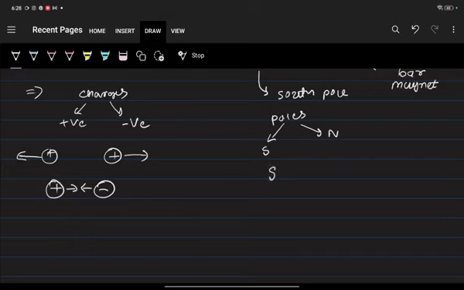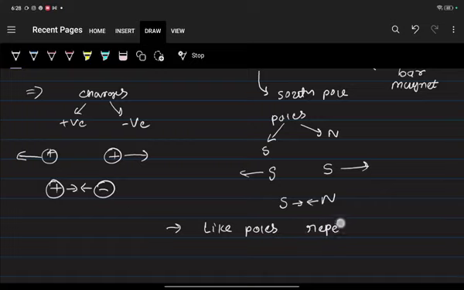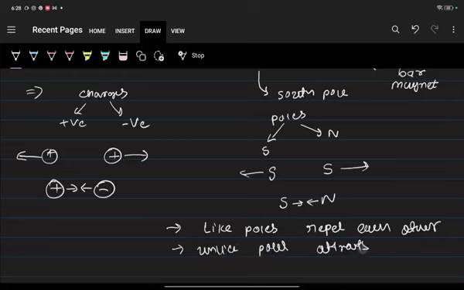Likewise, like poles repel each other, and unlike poles, what do they do? Attract each other. Okay, yes, sir. Like poles repel each other, and unlike poles attract each other.